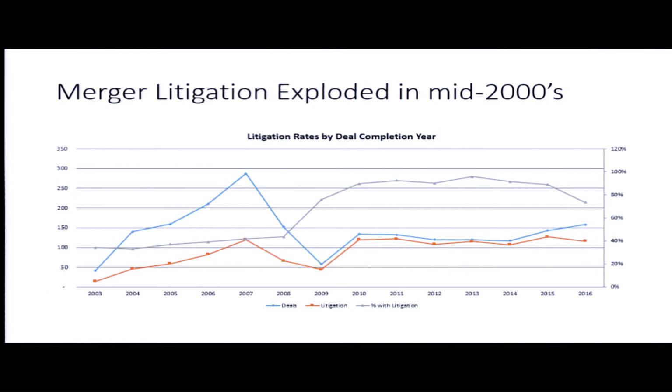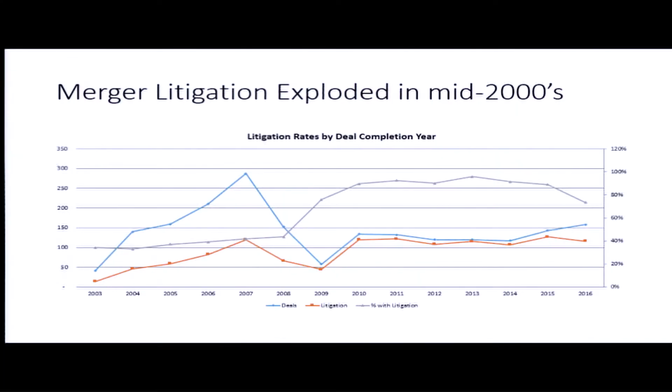And what you see is that line basically from about 2009 on roughly parallels the line of the number of deals. In other words, basically every deal. This gray line is the percentage of deals, it's bumping along 30, 40%, and then boom, it goes up to almost 100%.